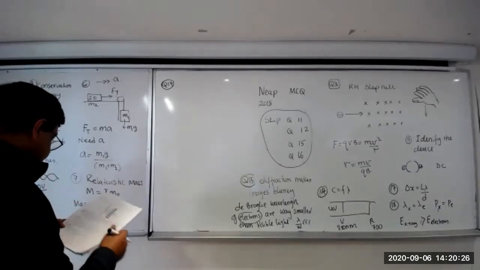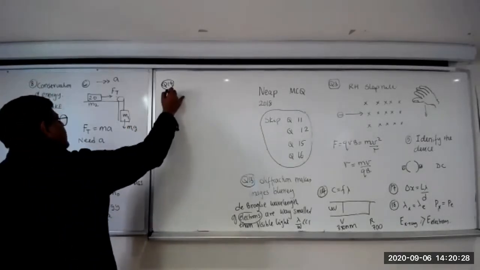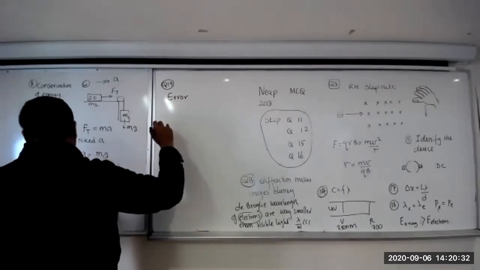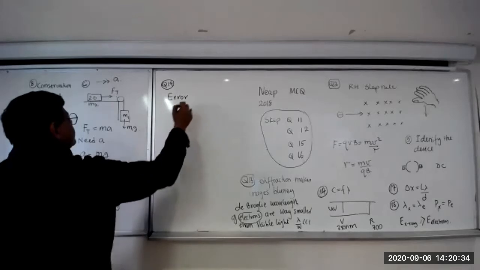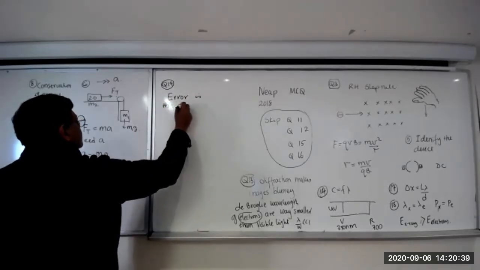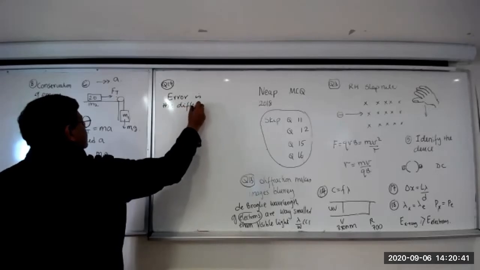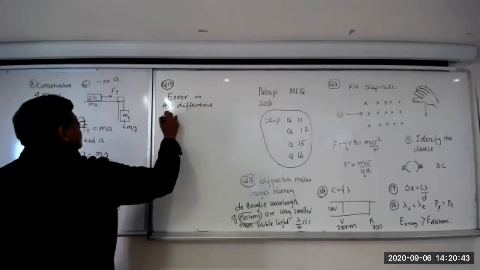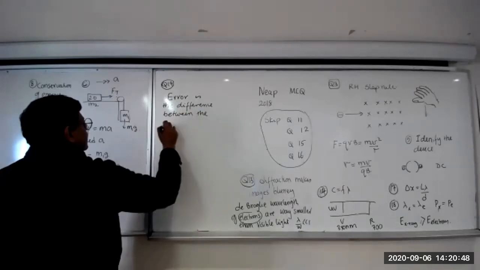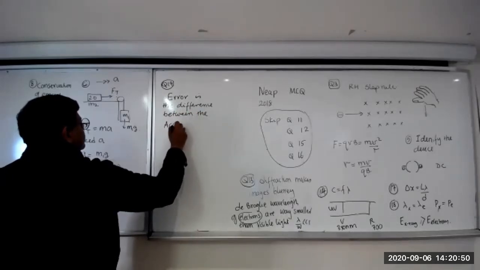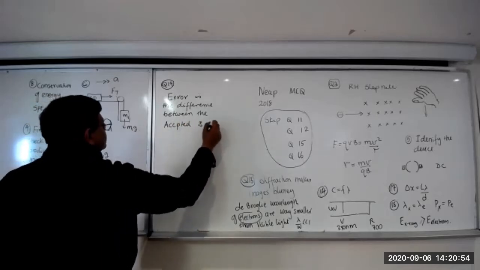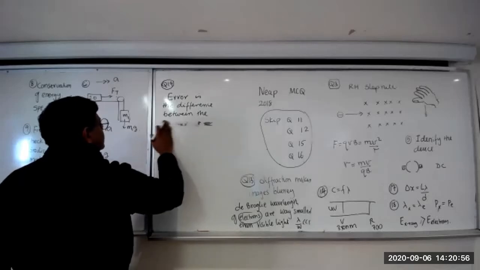Question 19. The definition of error is the difference between the accepted and measured. Accepted.